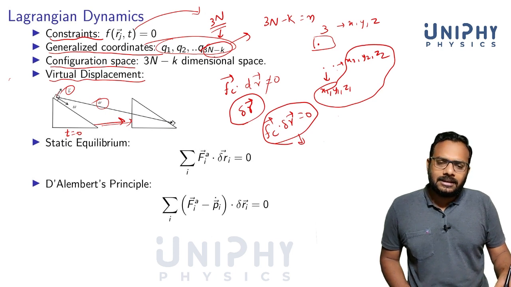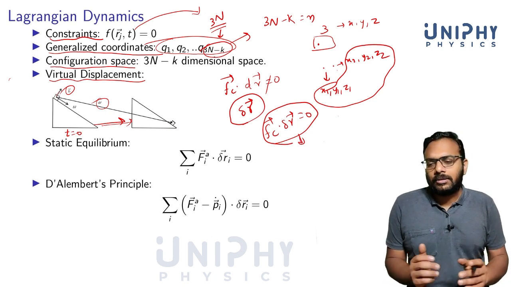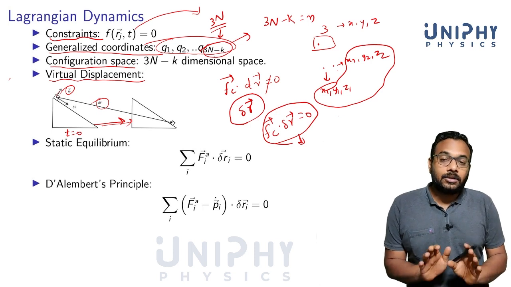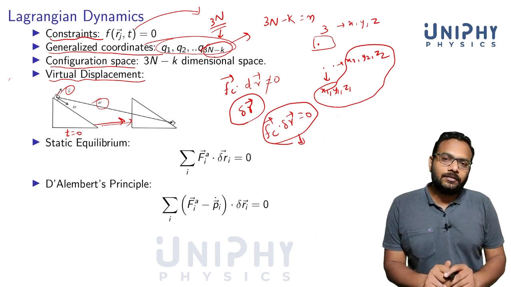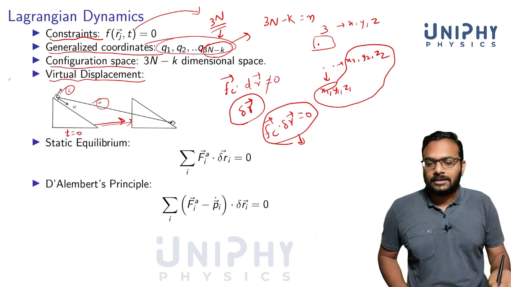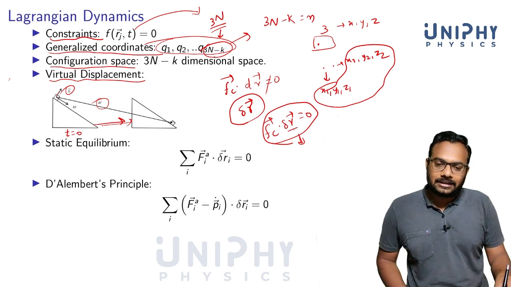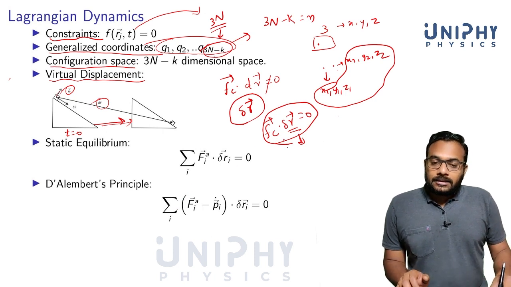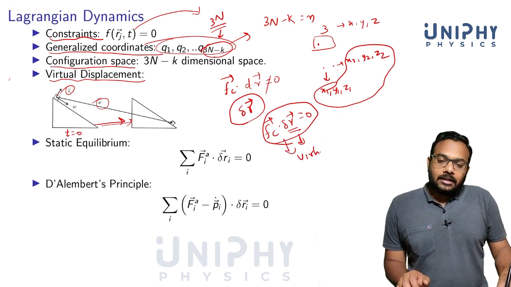And this is just one example, but by looking at other examples, we can show that the total virtual work done by the constraint forces always vanishes. So that's the reason why we take this virtual displacement. This can be called a virtual work done by the force of constraints.